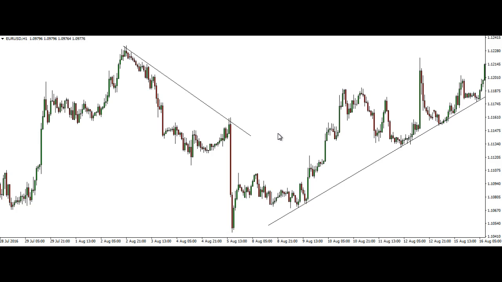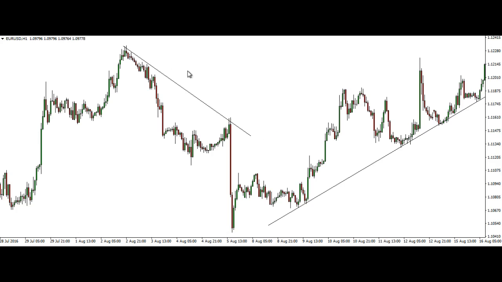However, in my experience, I find that trend lines which are drawn from at least three swing highs or three swing lows tend to provide better, stronger support or resistance into the market.